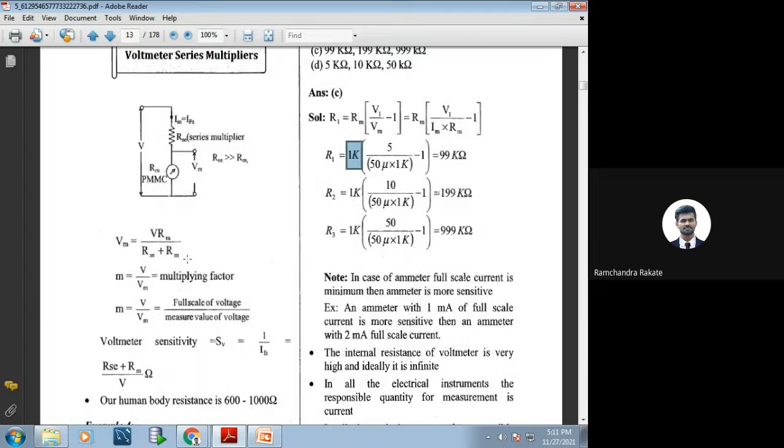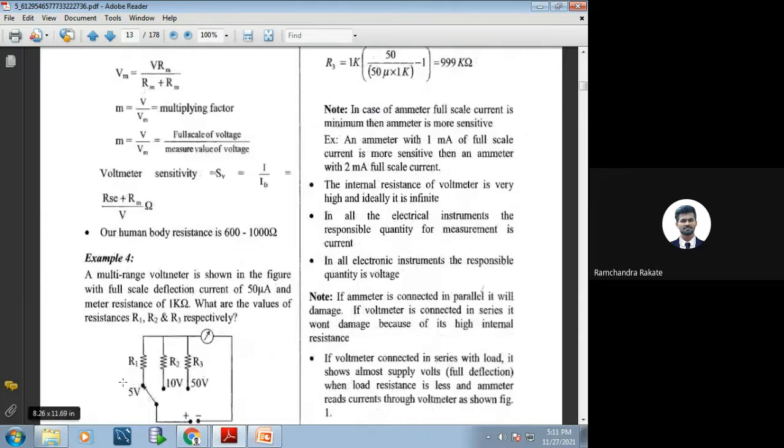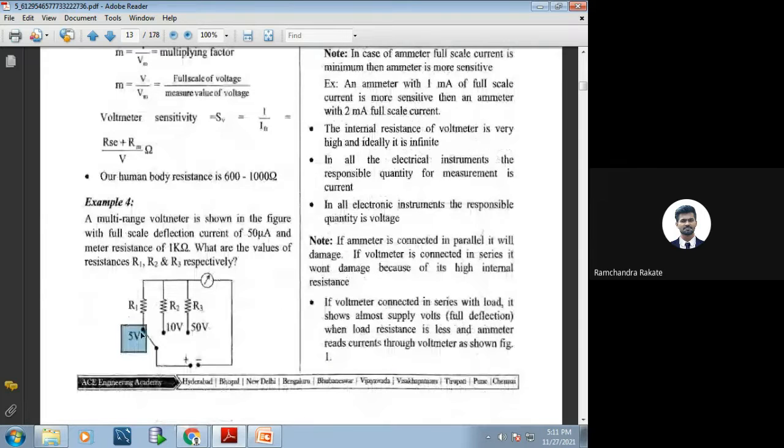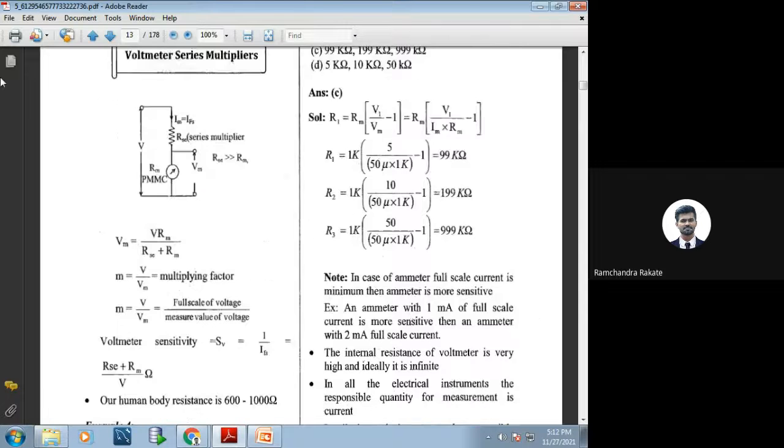Then V1. First we will connect at this one. This is the default connector, so we'll start with this one. They are also asking us to calculate R1, R2, R3 respectively, so anyhow we have to calculate R1. We'll start with that. R1 we need to find out, and for that the voltage is 5 volt, so we'll put V1 as 5.